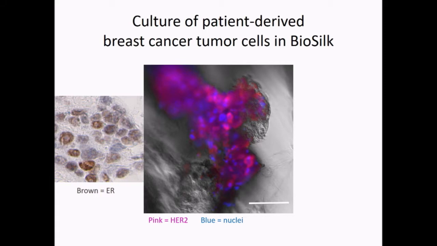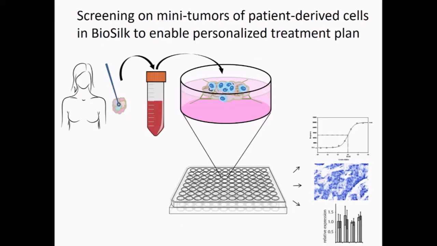So my dream and our aim is to be able to use this method and develop it further so that we can take a few cells from patients, make many small replicas of the tumors, have them in the lab to be able to test which treatment would be best for this patient.